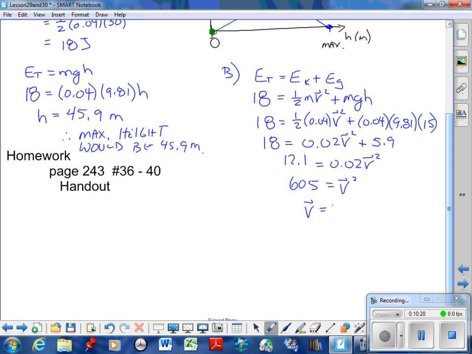V equals 24.6 meters per second. Is that reasonable? It was launched at 30, so it has lost some velocity. So therefore, it makes sense. So therefore, impact velocity is 24.6 meters per second.